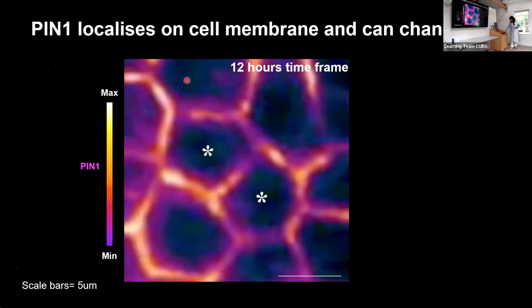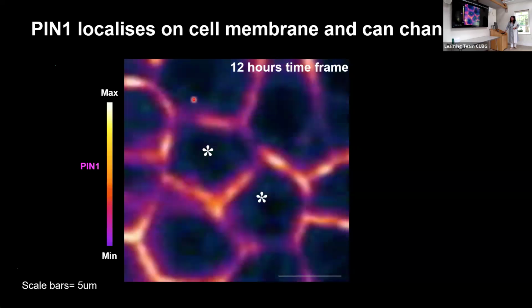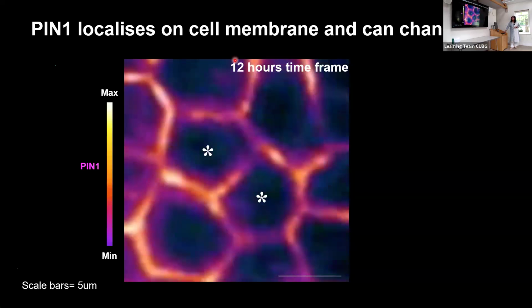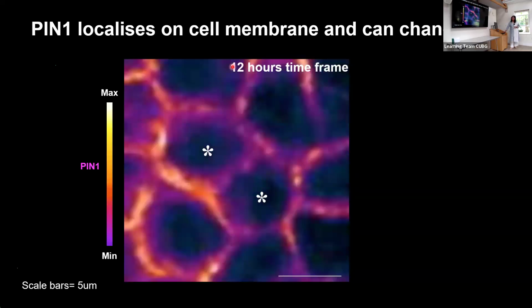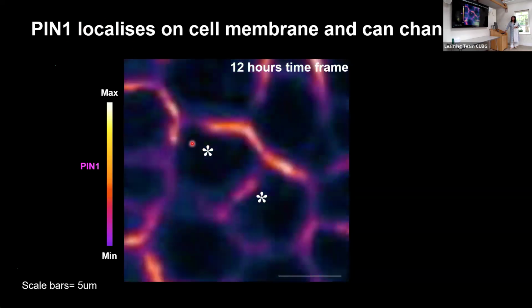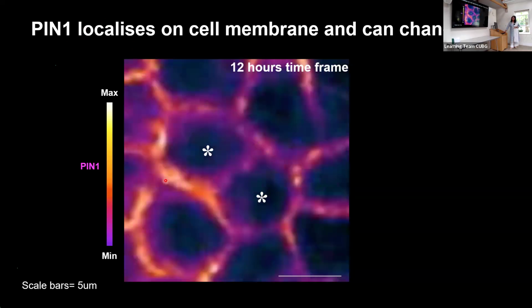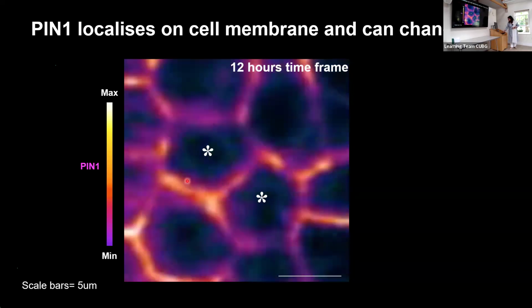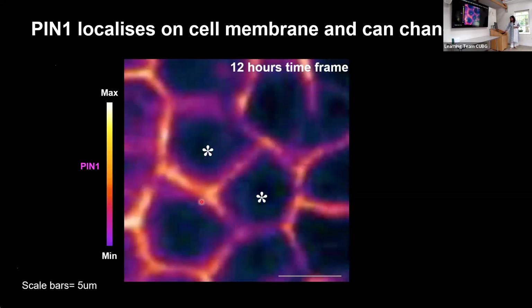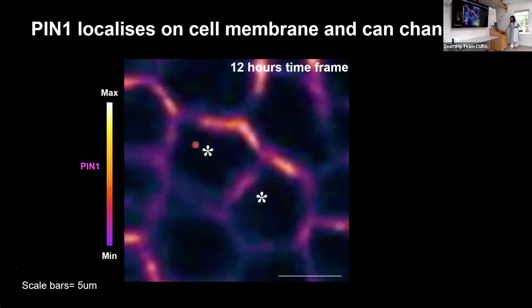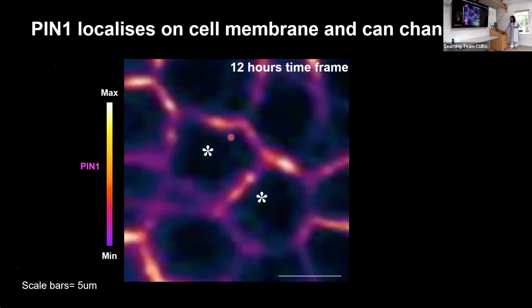And if I play this video, you will see that over a time frame of 12 hours, this pin protein is changing its localization. It is initially localized, if I play this video again, on this side of the cell, and later on you see more signal on the other side of the cell.